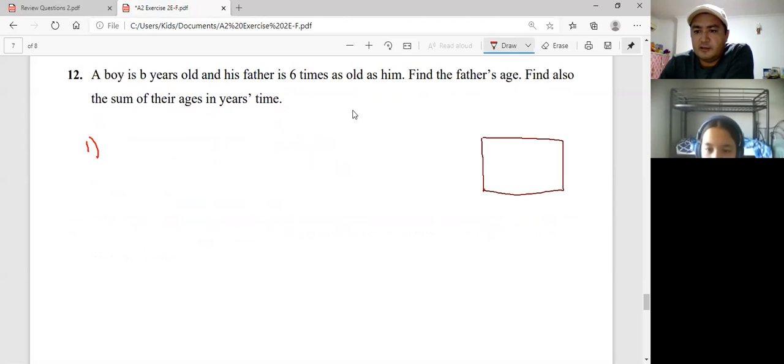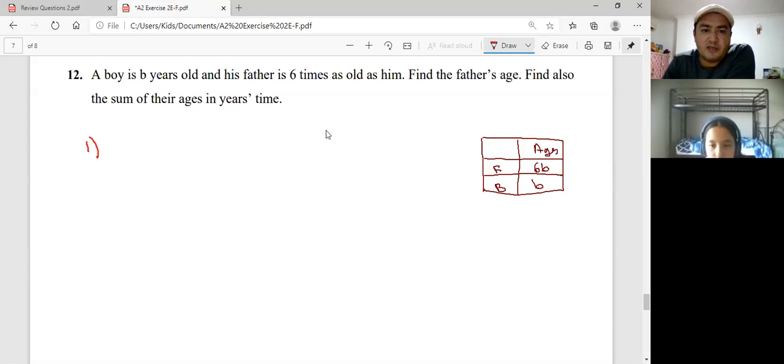Here we are talking about only one time. Here it says father and boy. Let's say F for father, B for boy, and their age now. It says the boy is b years old, so the boy is b, and the father is 6 times as old as him, so it is 6b. Find the father's age. So the father's age is 6b.